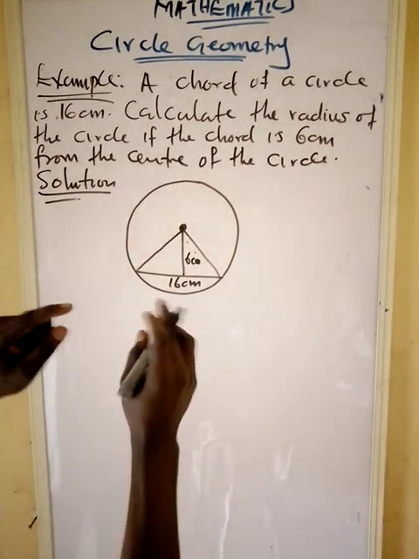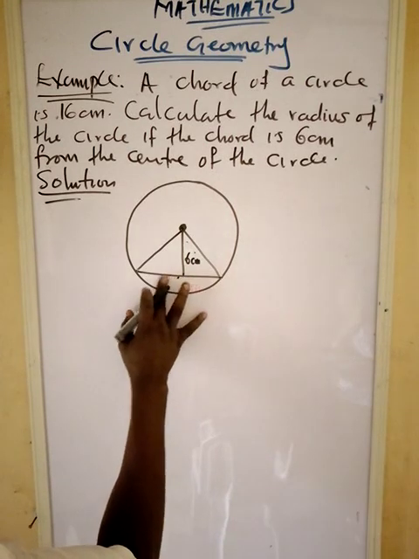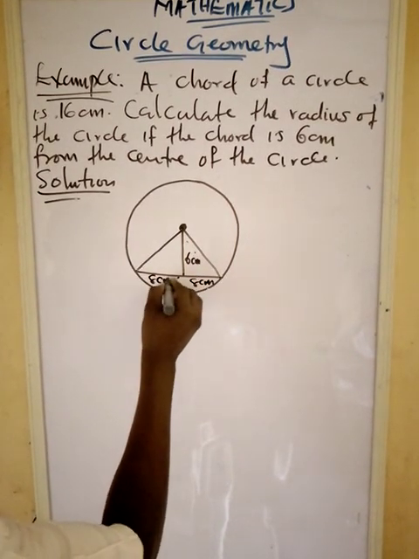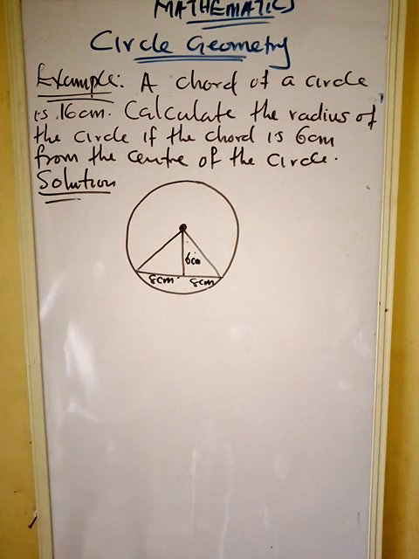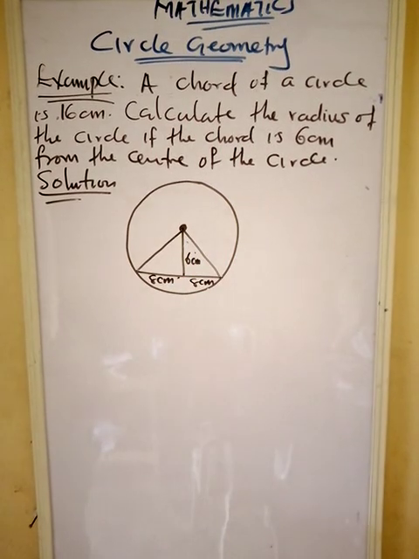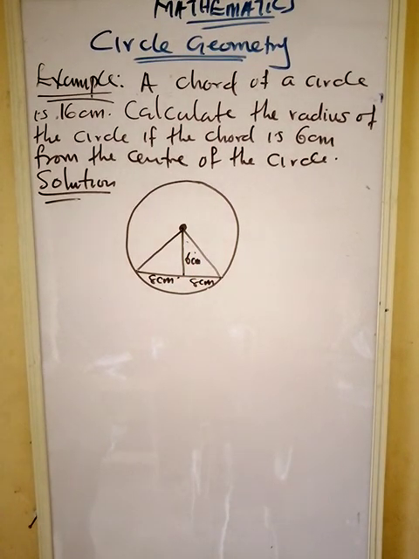If the whole chord is 16 centimeter, that means each side can be 8 centimeter. If I divide 16 by 2, it will give me 8. So this side is 8 centimeter and the other side is 8 centimeter.